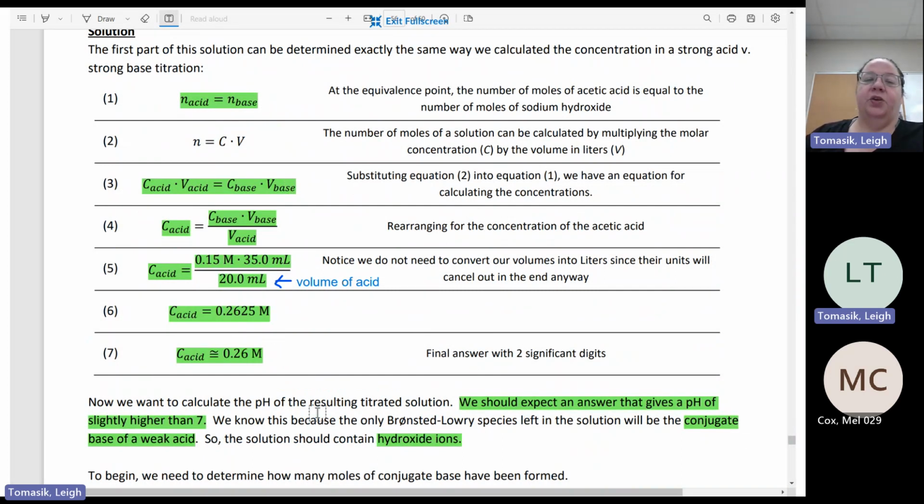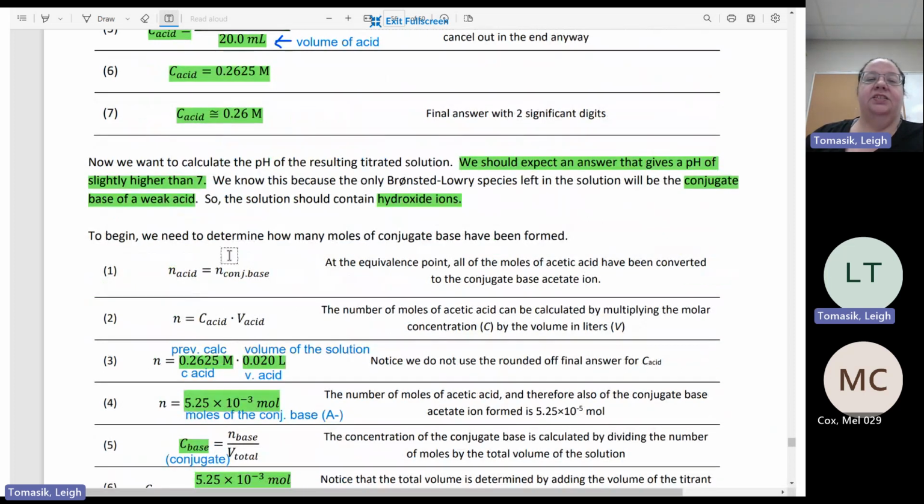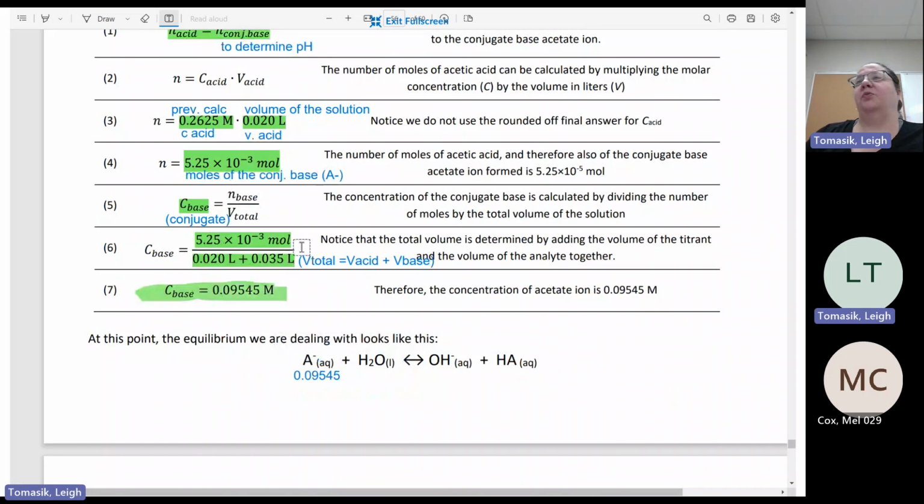Then we need to go from the concentration of the acid to the moles of the acid, because all of those are going to turn into the moles of the conjugate base, and we need the conjugate base to determine the pH. So the moles of the acid, C acid times V acid, gives us this number. Then we divide it by the total volume of the acid and the base together, because we mix them, right?